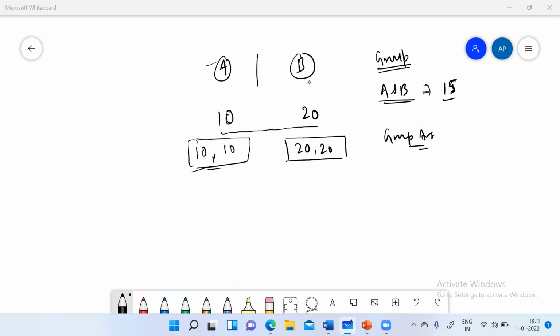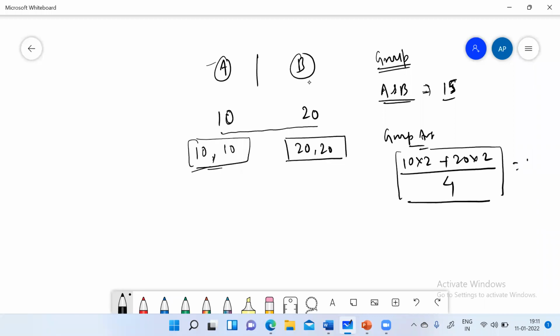So 15 again, because the number of members is equal in both the groups. Why is it happening like that? Because 10 into 2 plus 20 into 2 divided by 4. If we take 2 common, it is 10 plus 20 by 2, the same thing that happened earlier. So it will be 15 again.